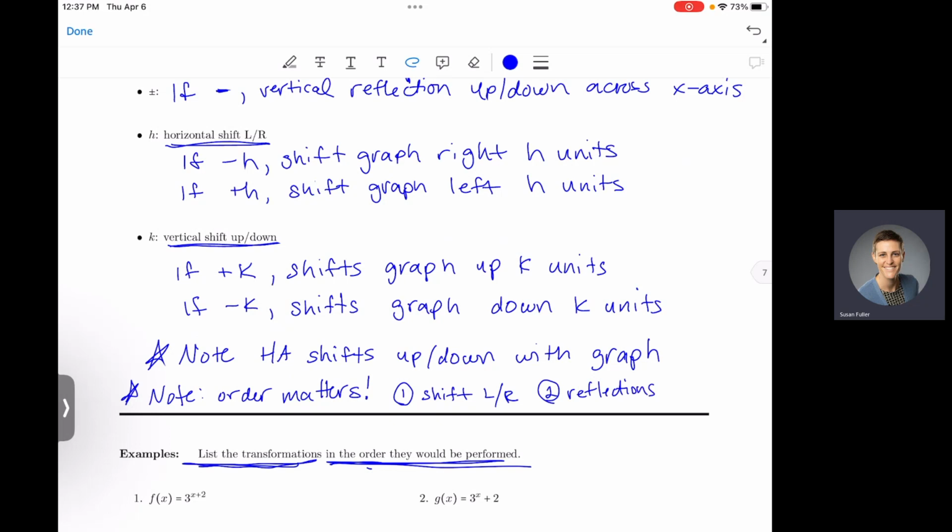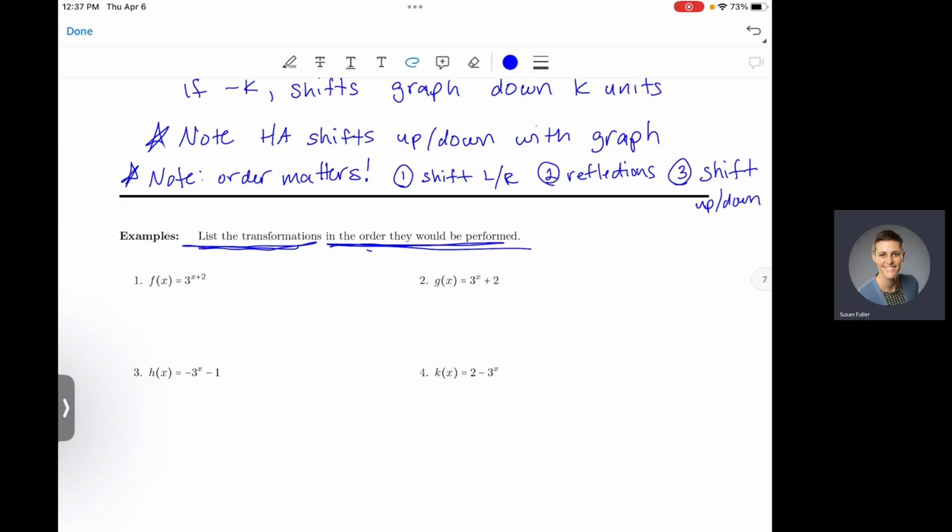If you have to flip this thing upside down, after you move left and right is the time to do it. And the very last thing that you are going to do is your vertical shifting, where you shift this thing up and down. That's going to be your last step. Horizontal shifting first, vertical shifting last. Okay, so with that in mind, let's figure out how to do this.